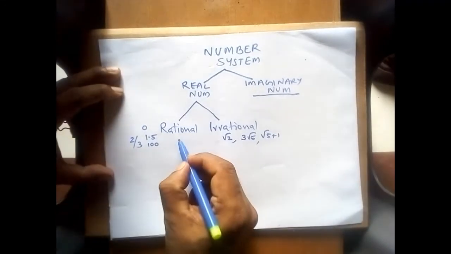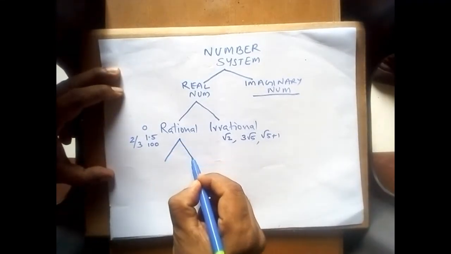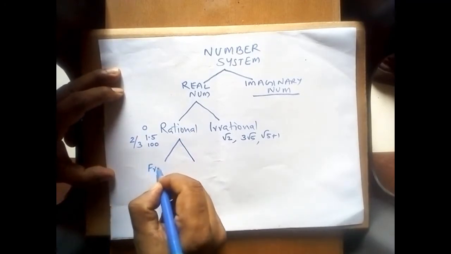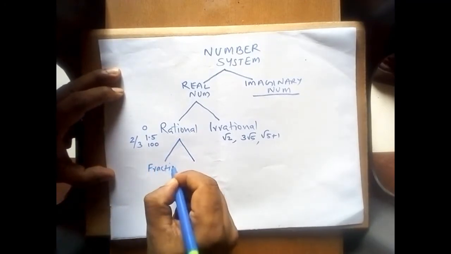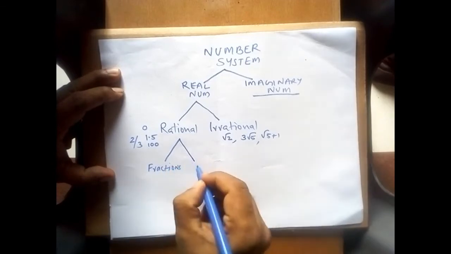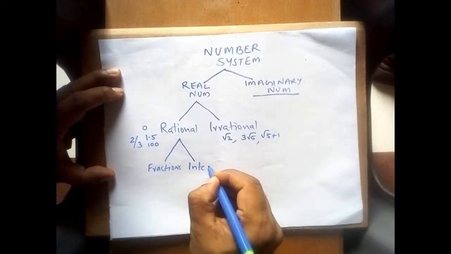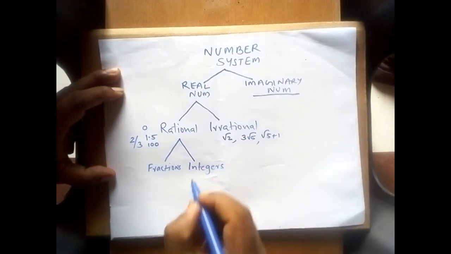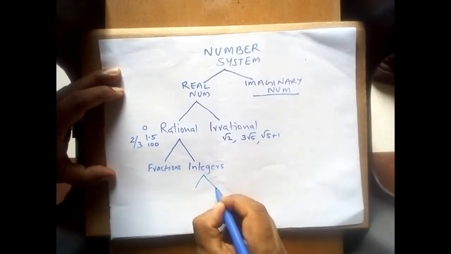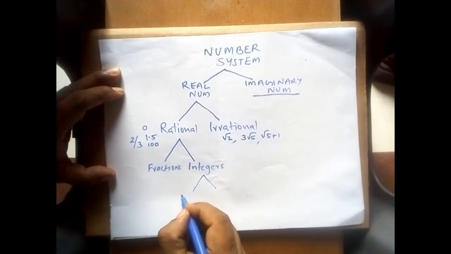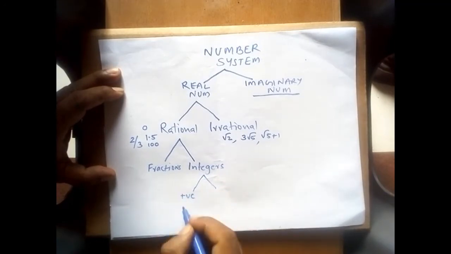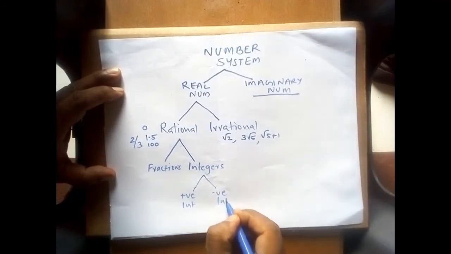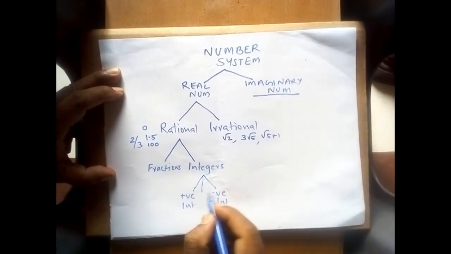Rational numbers we are again dividing into fractions and integers. Integers we are again dividing into positive integers, negative integers and 0.